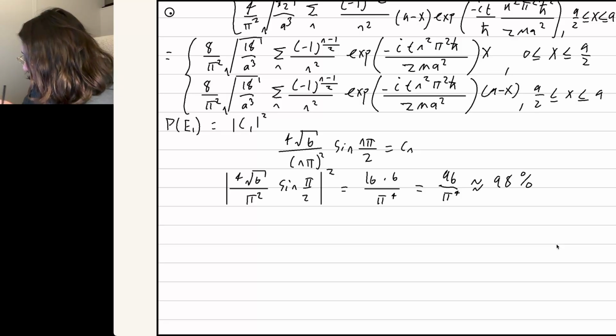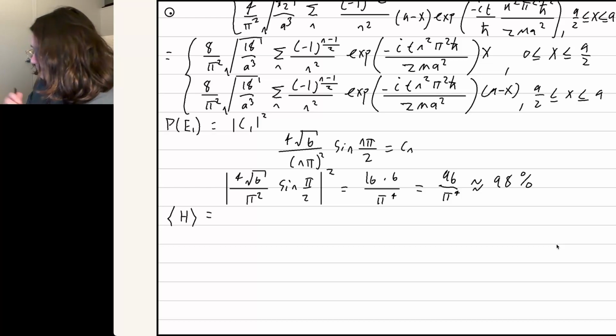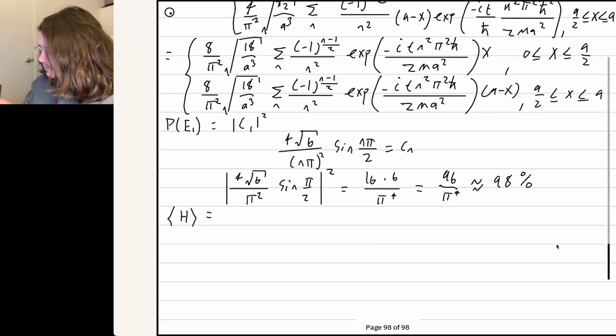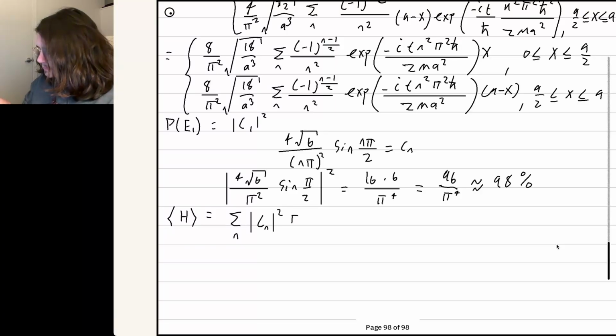So let's keep going. We need to find the expectation value of the energy, which is given by the sum over n of the square modulus of Cn squared times the energy. Makes sense.